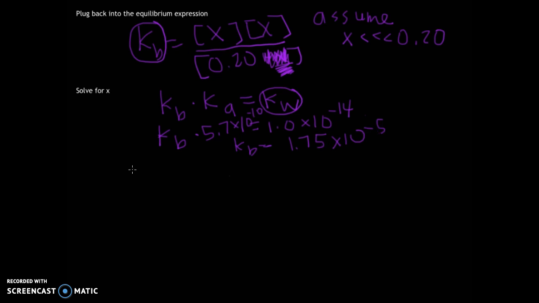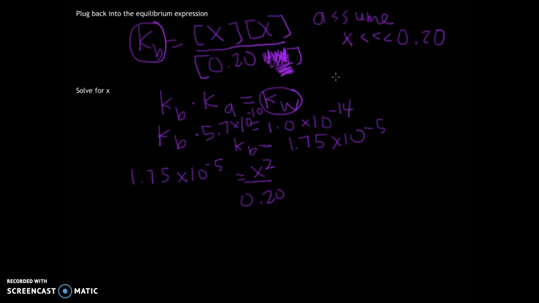So 1.75 times 10 to the negative 5th equals x squared over 0.20. Multiply both sides by 0.20. Then take the square root. I am not doing all of that for you. I know you can do that. So 1.75 times 10 to the negative 5th times 0.2, square root.